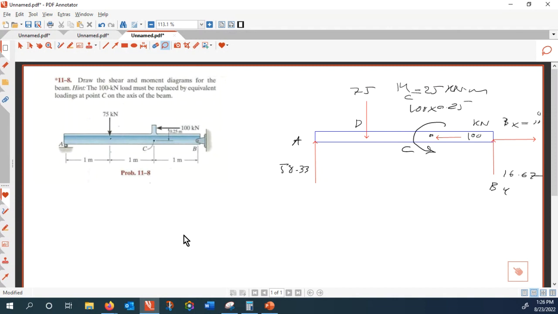So the first zone is between A and D. So that is zone number 1. I simply bring everything here.